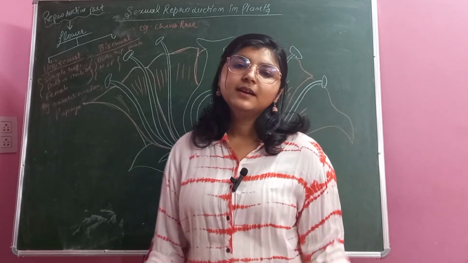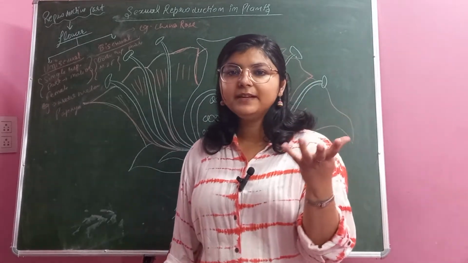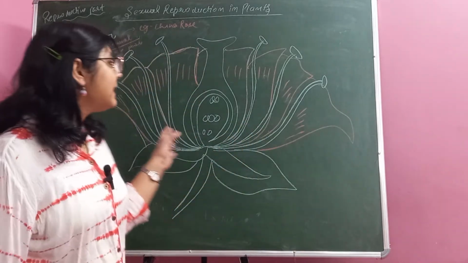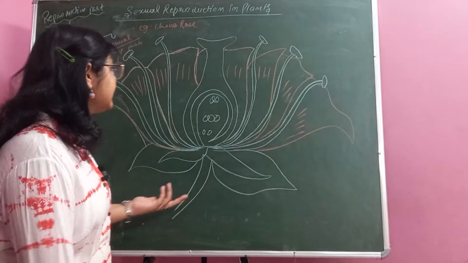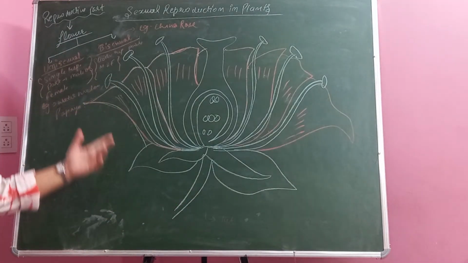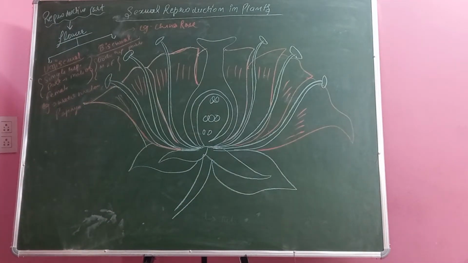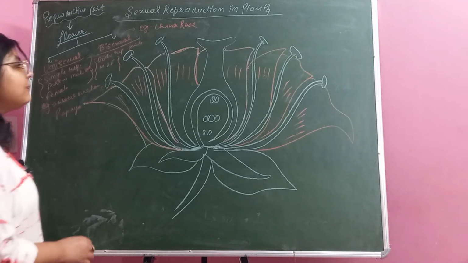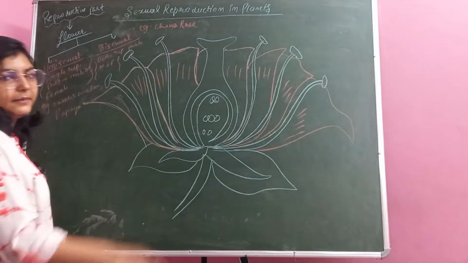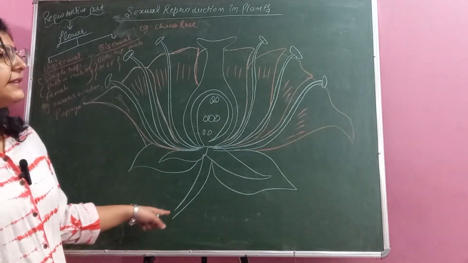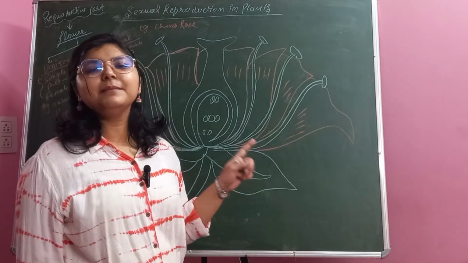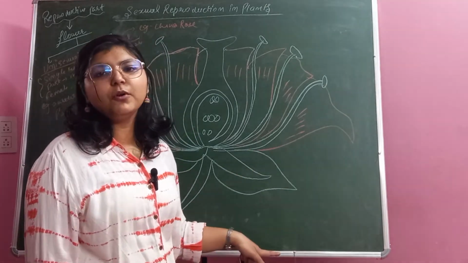So here is the diagram of bisexual flower. Now, what are the male parts and what are the female parts in them? For that, the labeling is very important. This diagram has been given in your book also. This diagram is very important from exam point of view also.